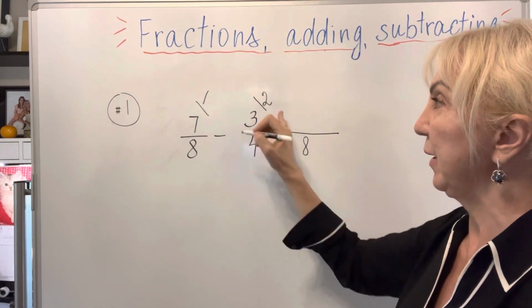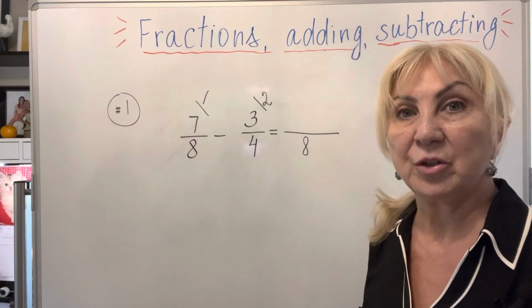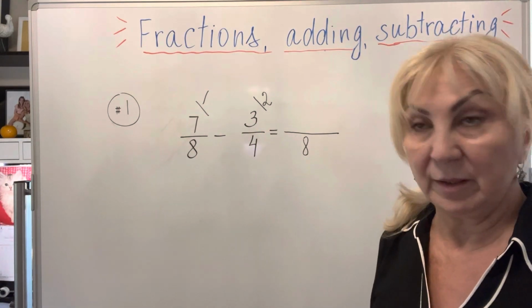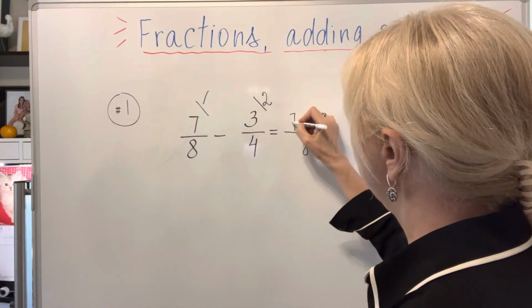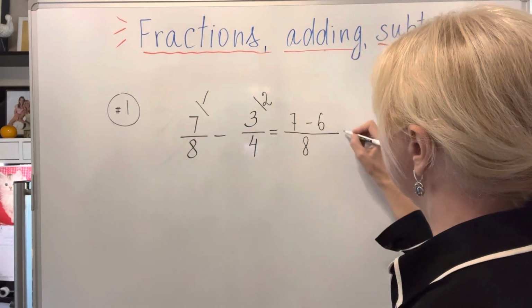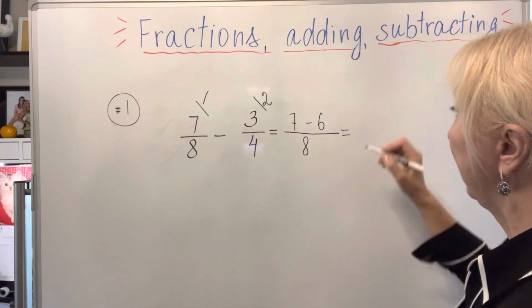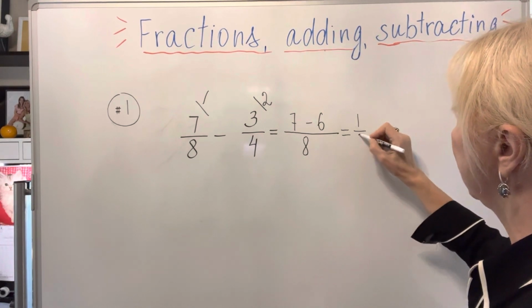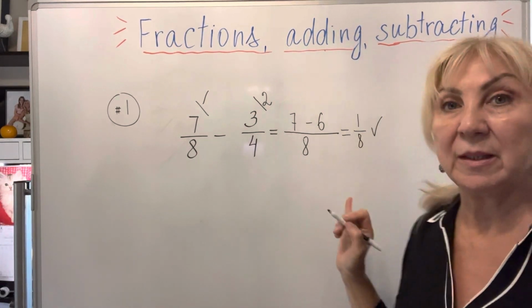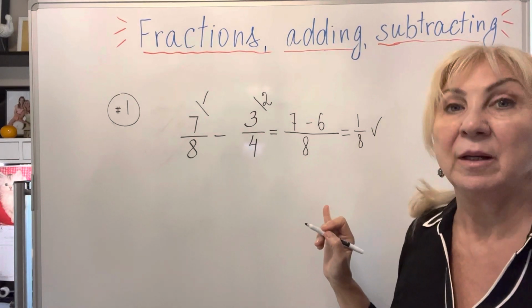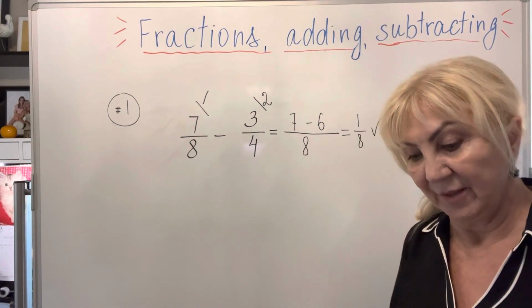And now we're working with the numerators, we're subtracting the numerator. So 7 subtract 6. And we have the final answer. Final answer is 1/8. This is the simplest form of the fraction, and that is the final answer.